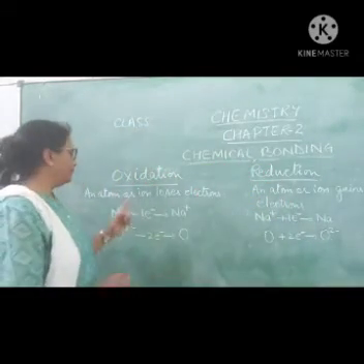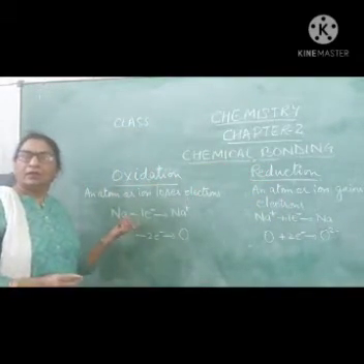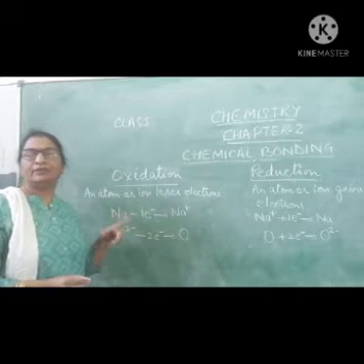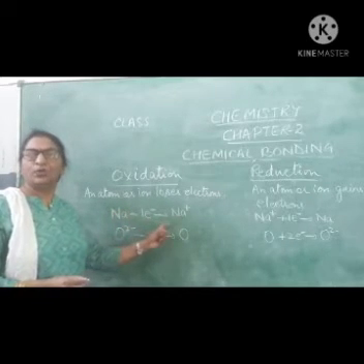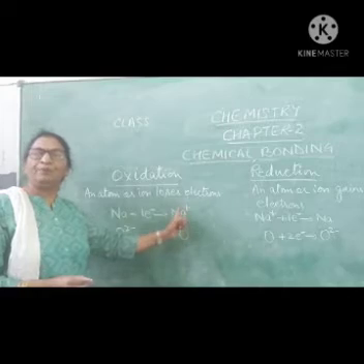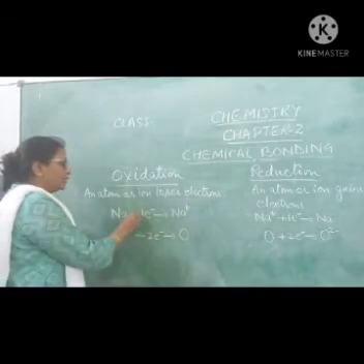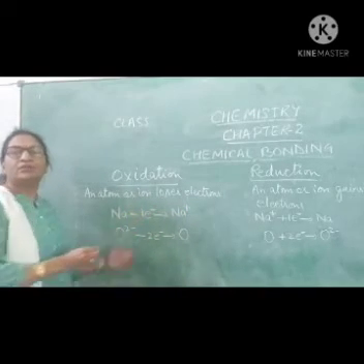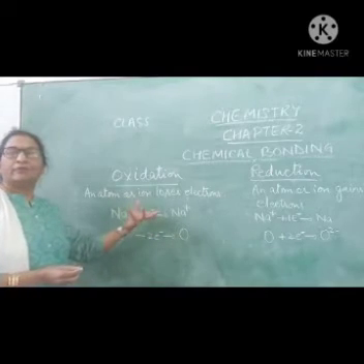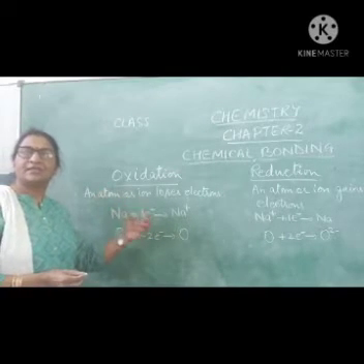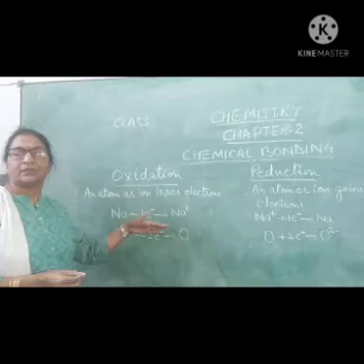For example, sodium, as all of you know, has atomic number 11, electronic configuration 2, 8, 1, so it will lose 1 electron and convert into a sodium ion. Right? Here it loses electrons, so oxidation takes place.